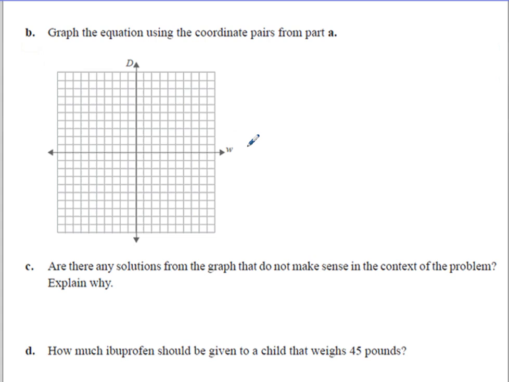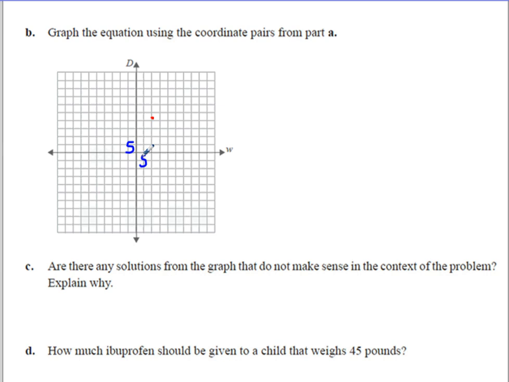Again, I counted by 5s because the numbers are getting kind of big. For my first number, we had the weight of 10, so over 2 boxes for 10. And then we had 22, so 5, 10, 15, 20, a little bit higher than 20 for 22.